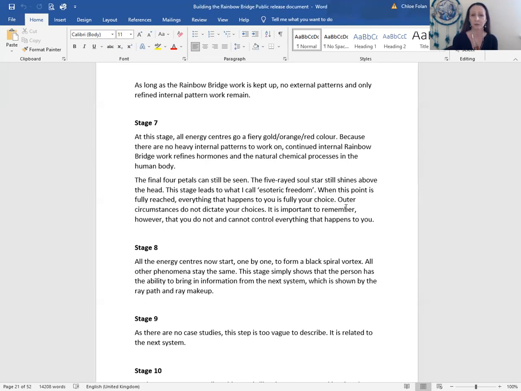Now, I do have voluminous notes on that already, on what my own predictions would be, but I will be withholding that until I have all of that information together with all of the diagrams, charts, and plates. And that information will be released in the full book, Building the Rainbow Bridge. So please be patient with me.